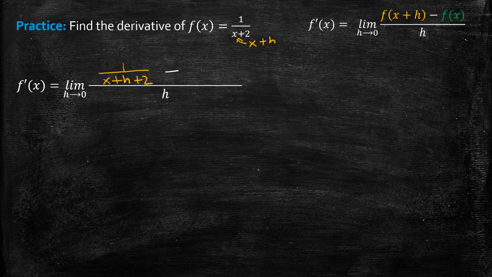And then we're going to subtract out from that f of x itself, which is 1 over x plus 2. Now at this point, once again, if you try to plug in h equals 0, you'd get 0 over 0, indeterminate, so we have to practice what we learned in the unit on limits and simplify this fraction.